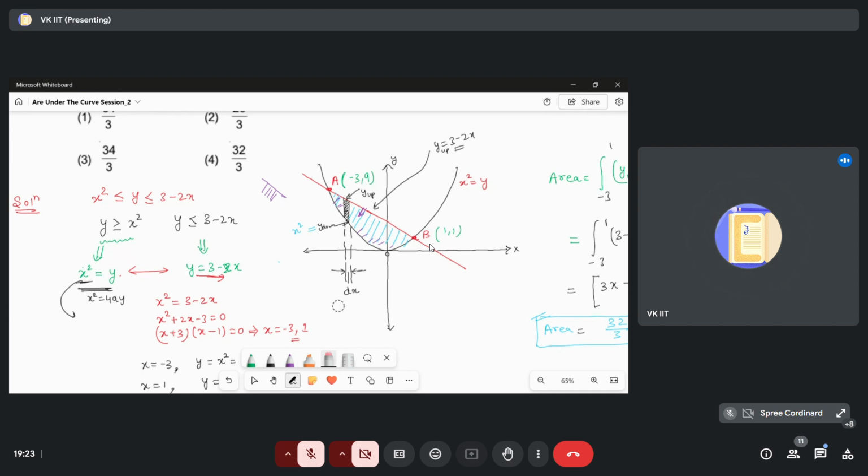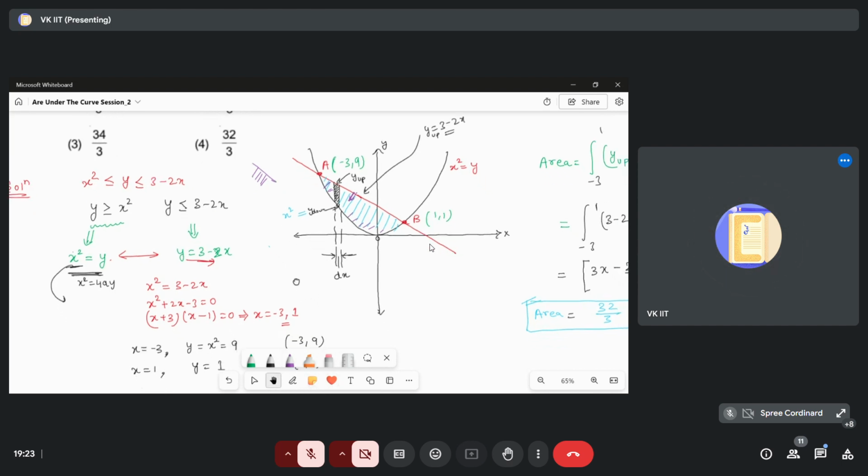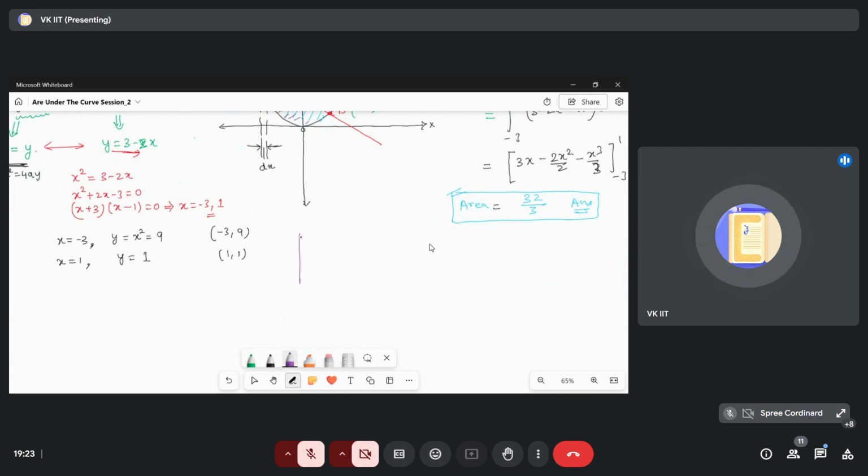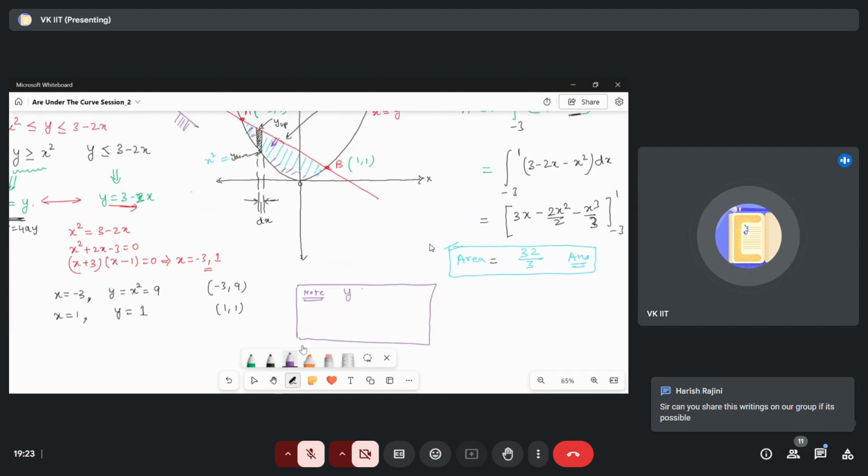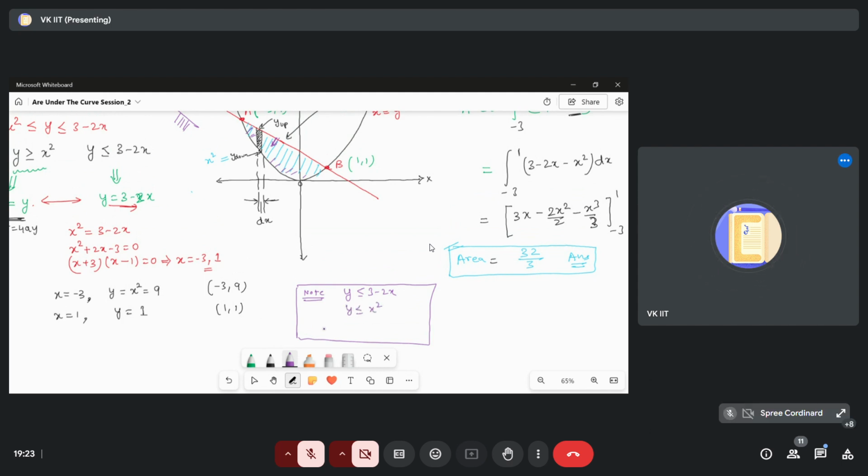Now suppose this is not the case, and I'm writing here in the box, suppose they were saying y is the same, that is, less than or equal to 3 minus 2x, but instead of this, this time they are saying y is less than or equal to x square.